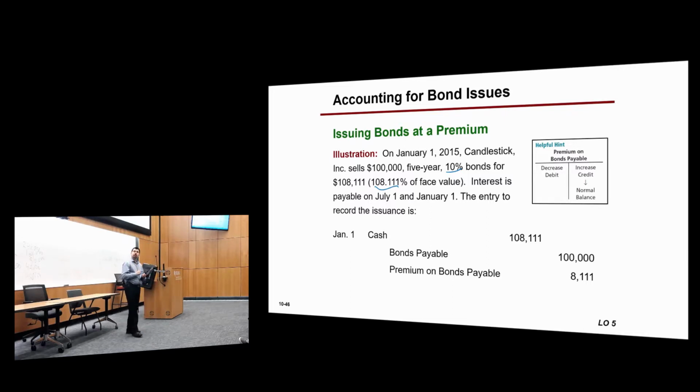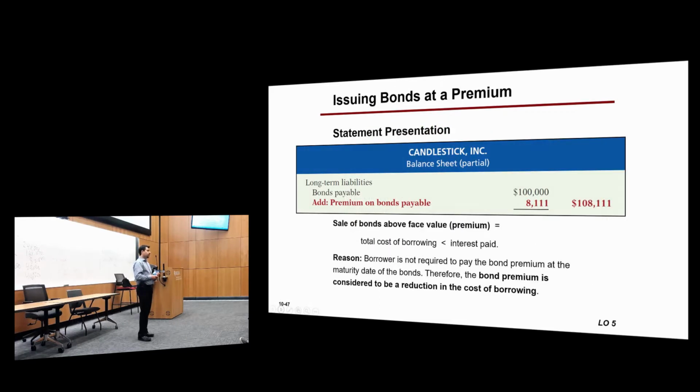When the company is issuing bonds at premium, you debit cash, you credit both bonds payable and premium on bonds payable. Any questions? As you can see here, that's the carrying value, bonds payable, add premium on bonds payable. Any questions?